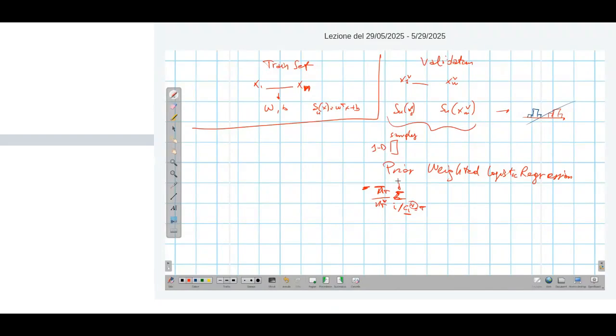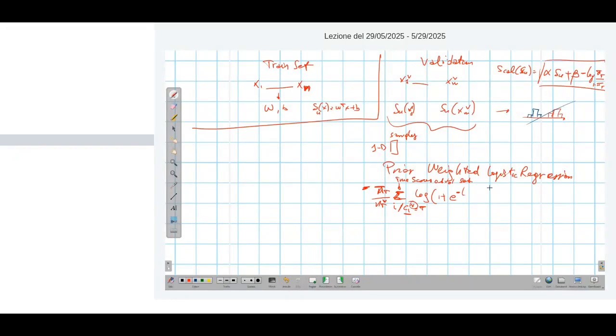So the true scores of the validation set, logistic loss, log of 1 plus exponential of minus what is our mapping. The calibrated score is a linear mapping of the non-calibrated score minus the prior log odds. This is the mapping that we want to estimate.